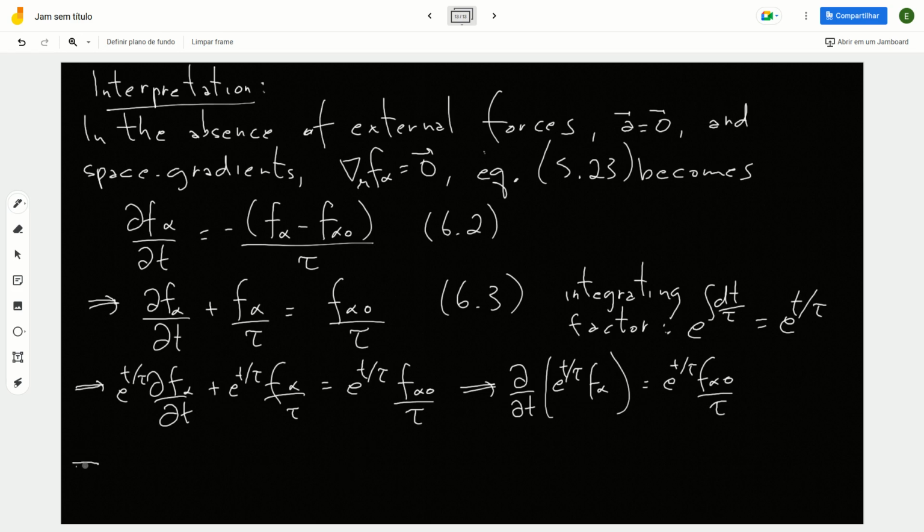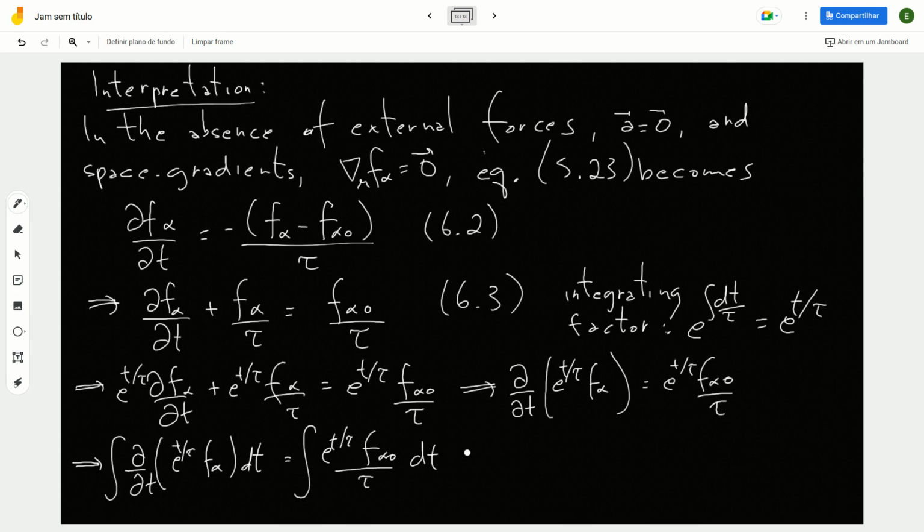So integrating in time, you get the integration of this in time equal to the integral of the right-hand side plus a constant. In this case, the constant will actually be a function of velocity. Why? Because you do have an f function which is a function of velocity and time.